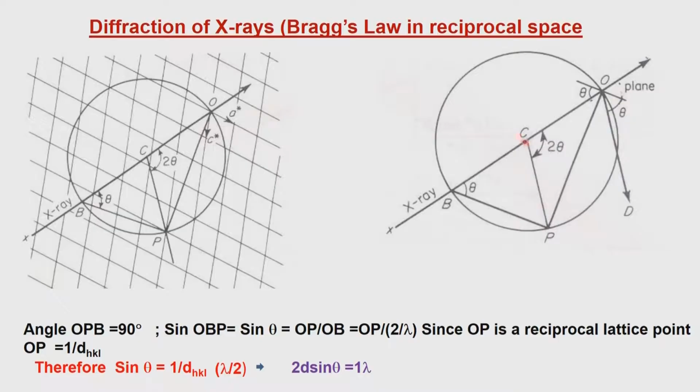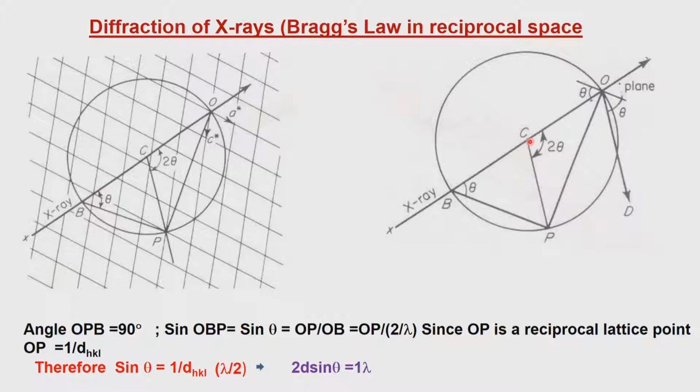So the distance here is in very small quantities, and what we measure as a diffraction which is coming out from the crystal is at a distance which is far larger than the 1/lambda which is involved here, and therefore whether it comes from this point or that point is immaterial. So for all the rest of the discussion, one can say that crystal is at the center of the Ewald sphere. So this is the derivation of the Bragg's law in reciprocal space.